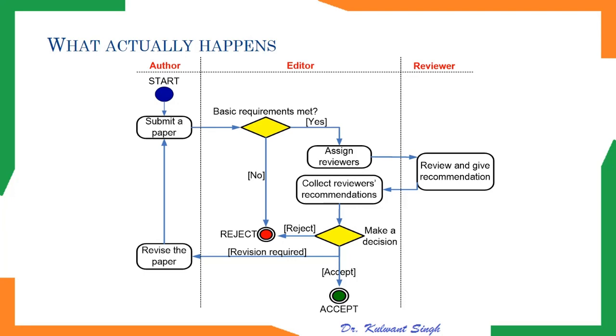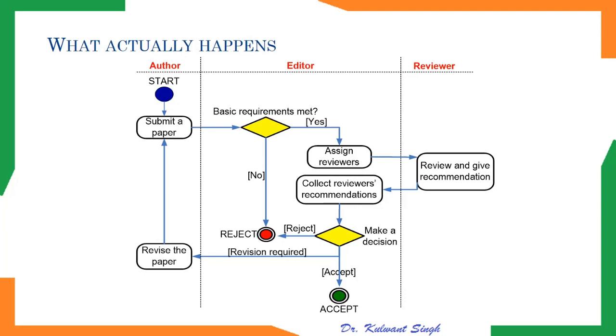Like in your paper, formatting should be as per the journal requirement, professional language, style of referencing, style of citation, proper structure of the paper, and scope of your paper, or you can say your research topic, your research area must be mapped with the scope of the journal. So these are the basic requirements checked at the initial stage by the handling editor.